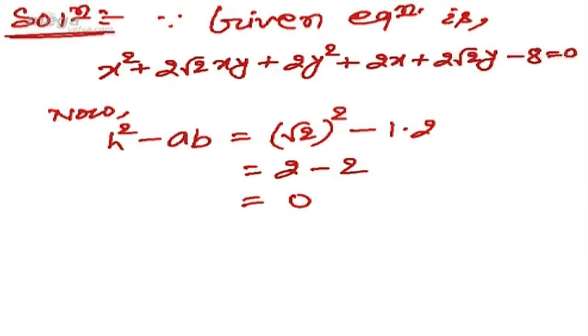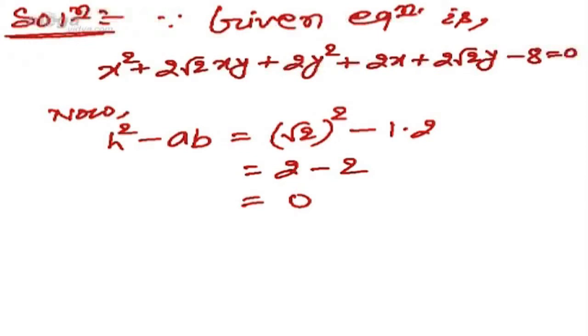But student, the main question is, will this equation represent a pair of lines or will it represent anything else? So here you have to check whether delta is equal to 0 or not.